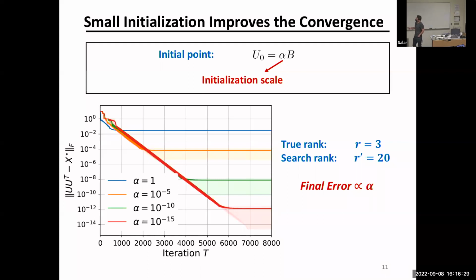Here you can see the performance of the subgradient method for different values of alpha. As we reduce alpha, the final error gets better and better. In fact, it seems like the final error is proportional to alpha. So if you want a small final error, all you need to do is pick a small alpha.